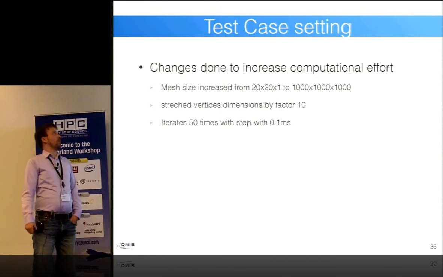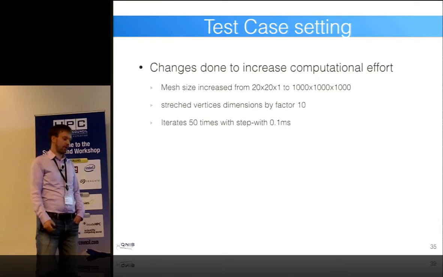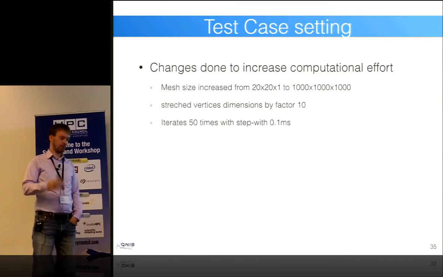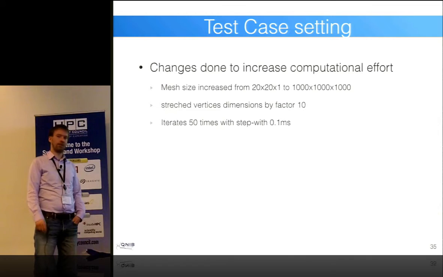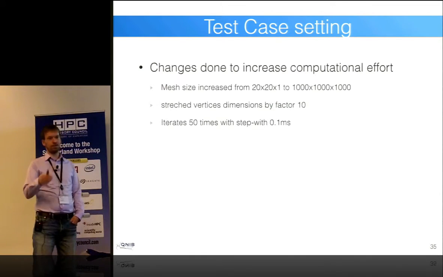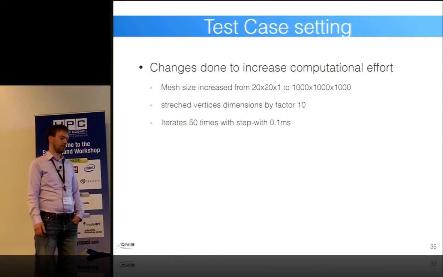To make it more fun and increase the computational effort, I took this 2D test case and blew it up to 3D, quite big, and stretched the vertices by factor 10. And I also iterate now 50 times in 0.1 millisecond time steps.